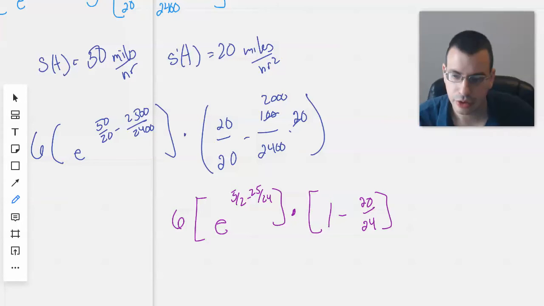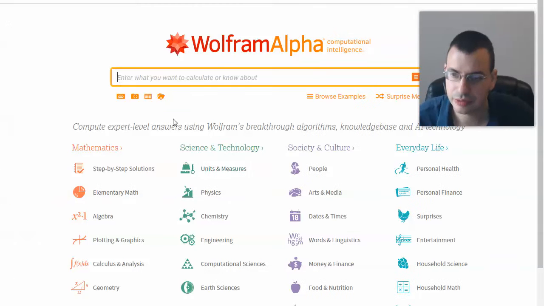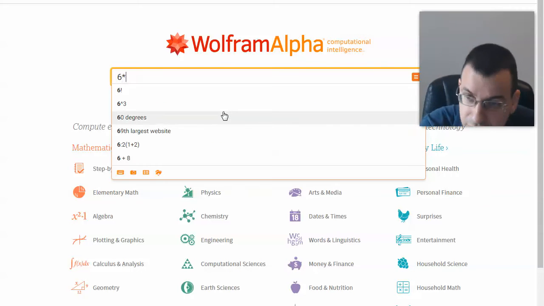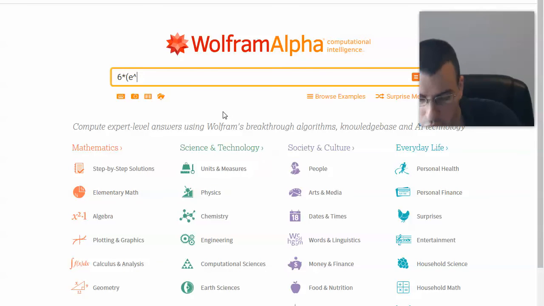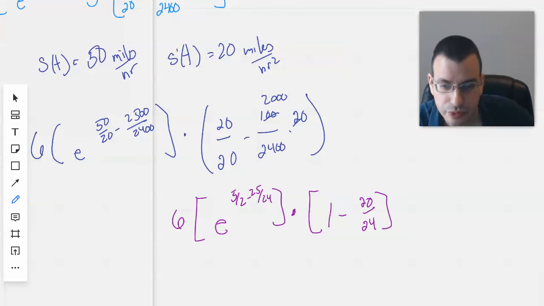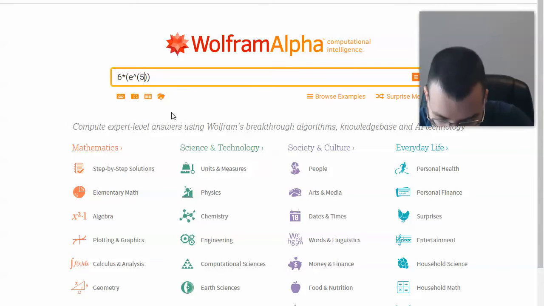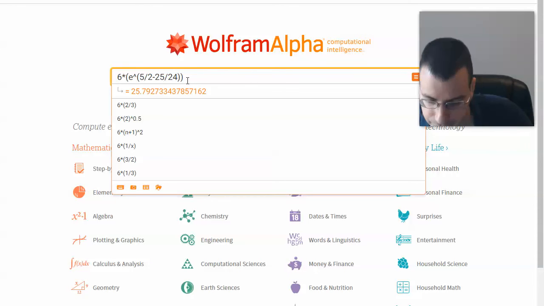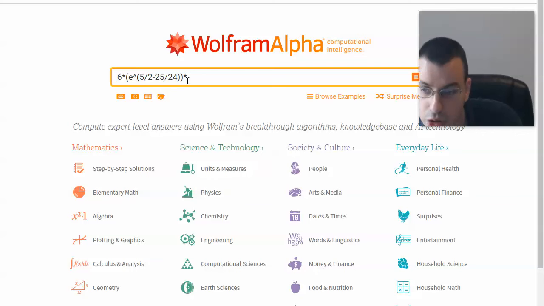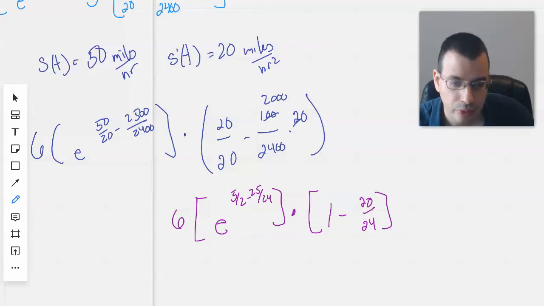After Wolfram, start with 6 times e to the quantity 5 halves minus 25 over 24, times 1 minus 20 over 24.